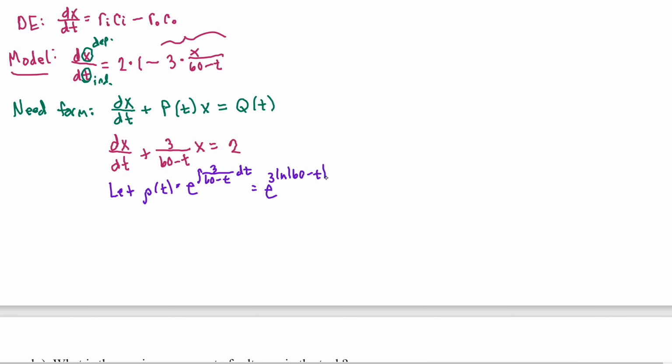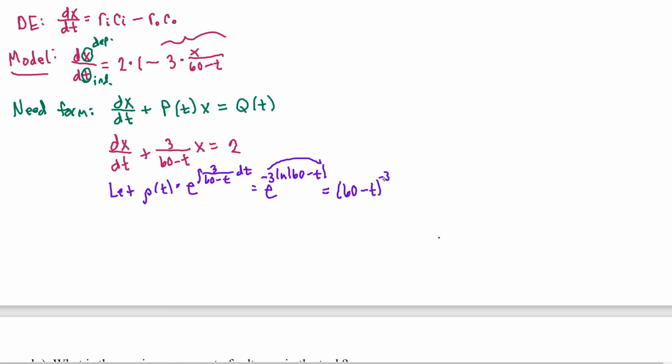And because of the negative variable in the argument, we're going to get a negative for our integral. You can also pause and work that out with a quick U substitution to see that output. I'm sure that you can do that. So moving our coefficient to the exponent position and simplifying the combination of an exponential function with a logarithmic derivative, we can call our integrating factor 60 minus t to the negative 3.